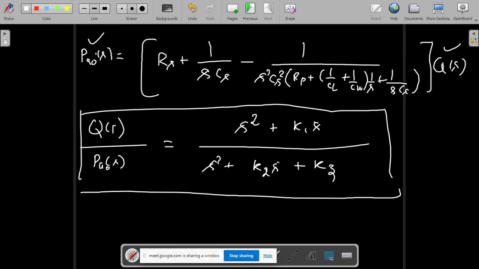We'll try to simulate the system and see what the effect on the system is. I'm just going to show you a simulation for this particular system by taking some values.